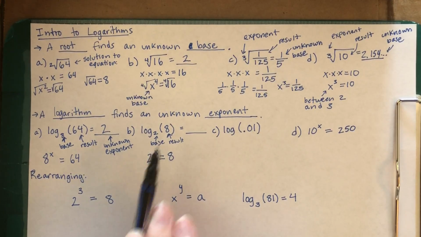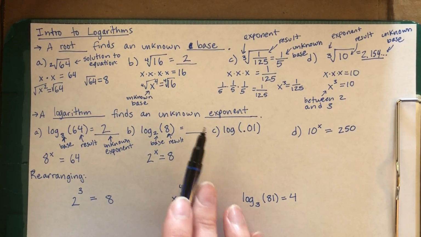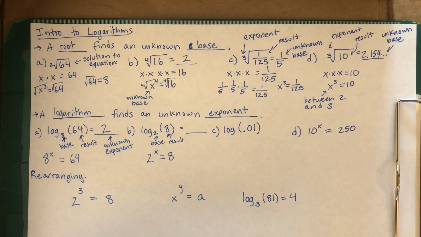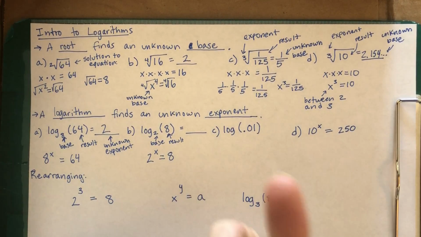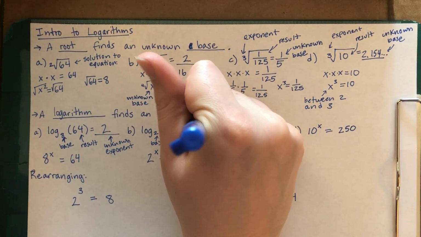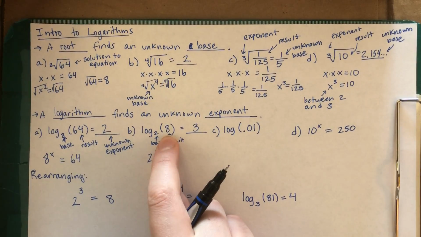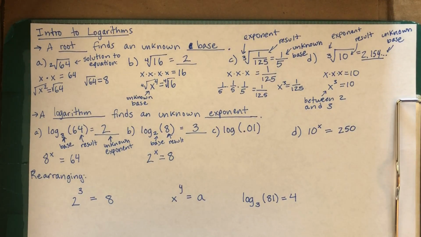This became the base, this became the result. Whatever x comes out to be is going to be the answer to the log. So what number should be here in order to make this equation work? Well, 2 times 2 times 2 is 8. So I need 3 2's. So log base 2 of 8 is 3. I know this is kind of like thinking around it in a weird way, but you'll get used to it.